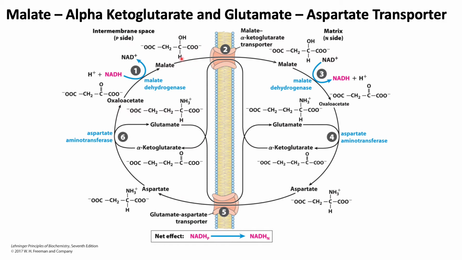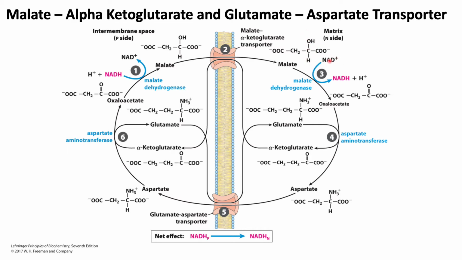Malate has this gained hydrogen right here and this gained hydrogen right here, so it lost that double bond character. The malate is able to cross the membrane through a special transporter known as the malate alpha-ketoglutarate transporter. So the malate is going to cross the membrane. Once it crosses the membrane, it is going to release the two hydrogens that it gained.